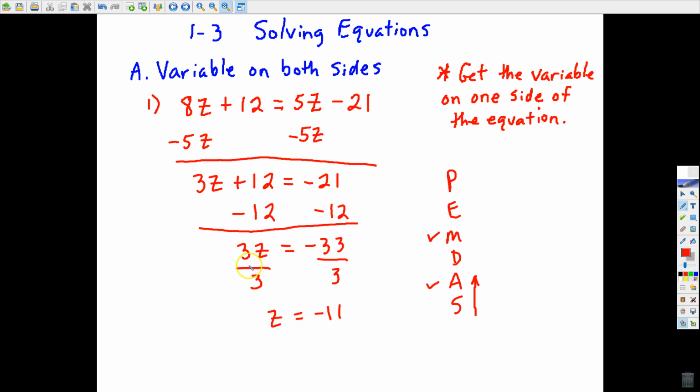So either way, I could have multiplied by 1/3, which is the inverse or the reciprocal of 3, and I would have gotten the same result. So my answer, the solution, the number that plugs in for z in this original problem to make it true, to make it equal, is negative 11.